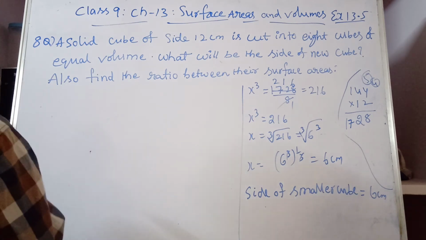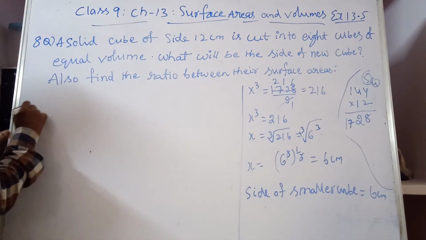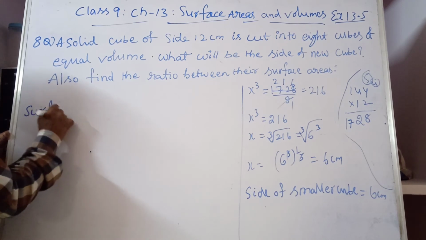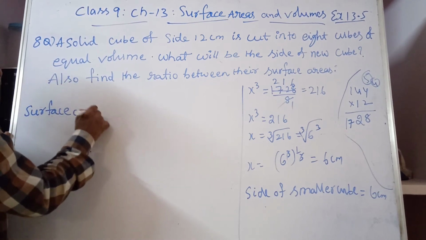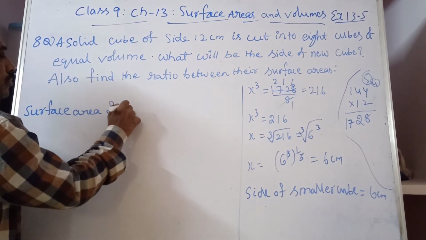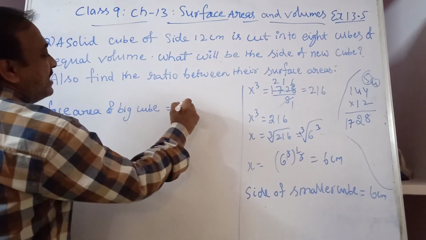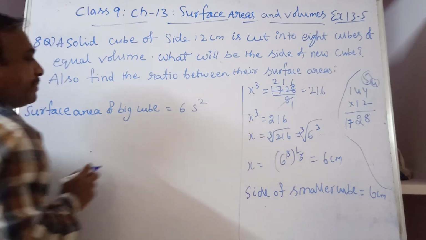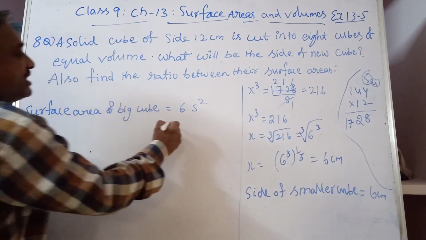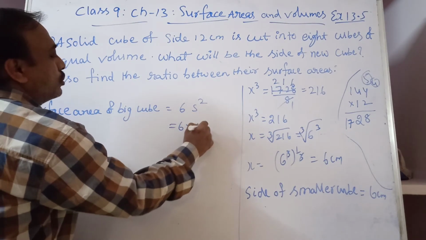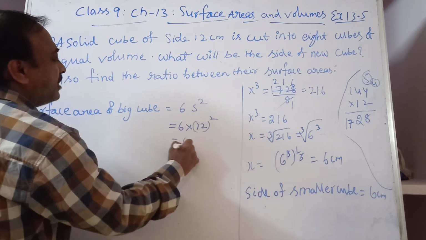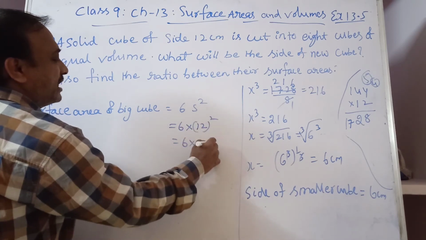Now you see the surface area of the big cube, which can be written as 6s square, which is nothing but 6 into 12 square, which is equal to 6 into 144.